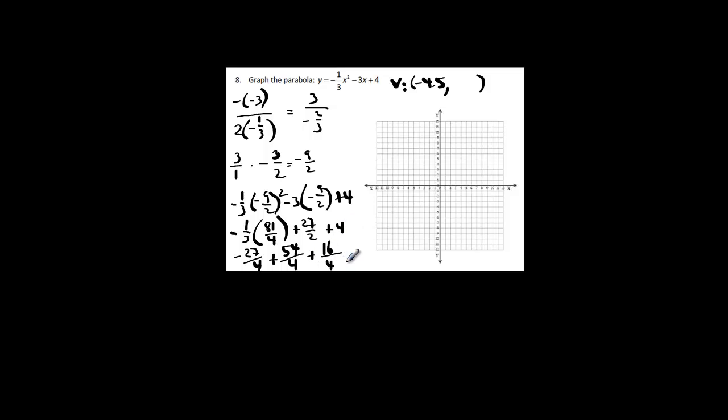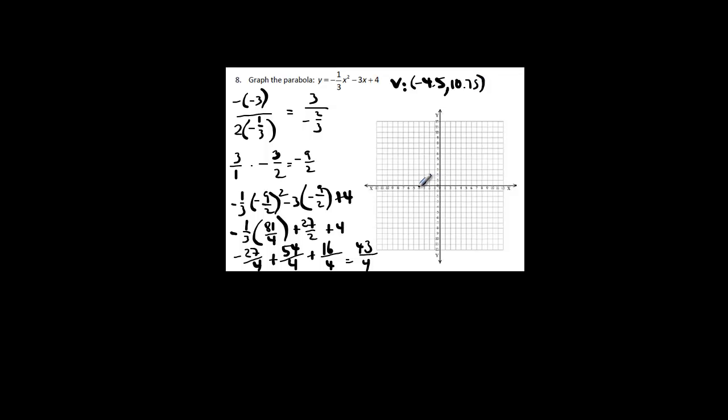That's 16/4. Alright, so let's see here. We've got 54 and 16 together is 70. Minus 27. You get 43/4, which is 10 3/4. So 10.75.